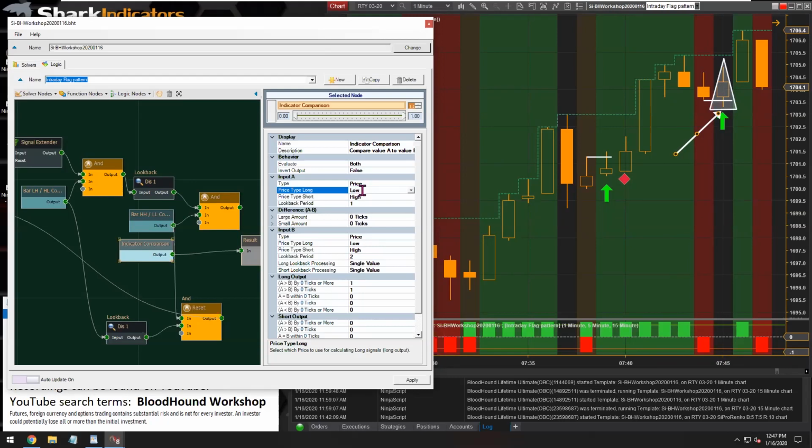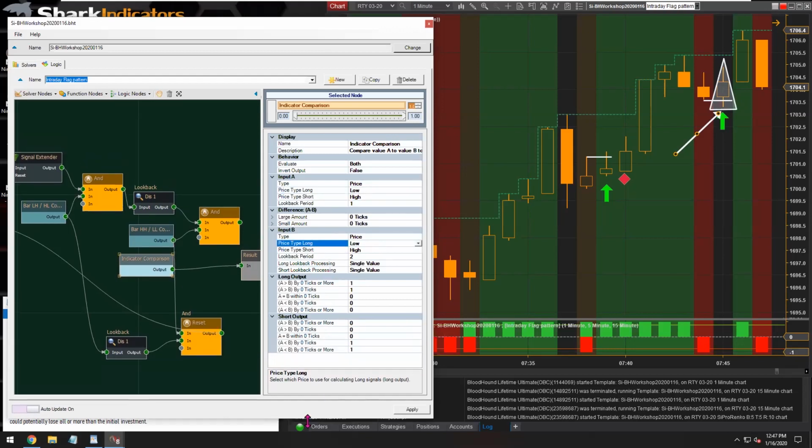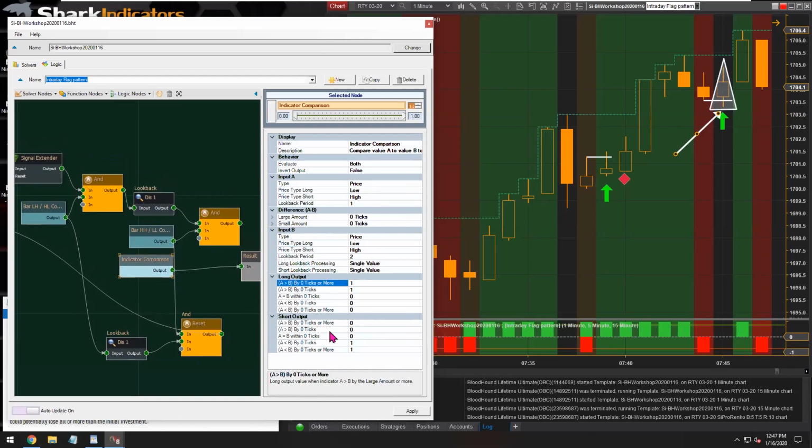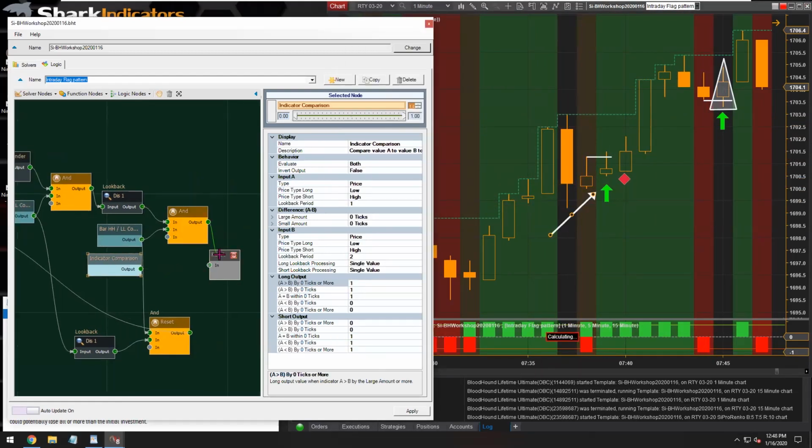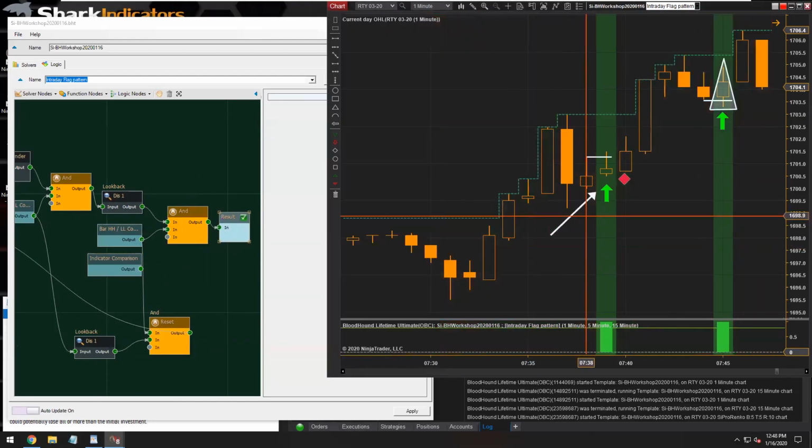So we're using the low price now for long signals. Now the next step is, what outputs do we want? If we're in a long pattern, hold on, let's connect this up. There we go.